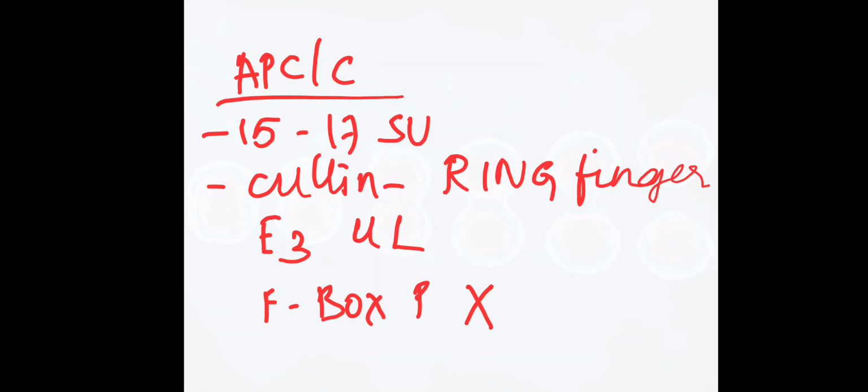So this is another ubiquitin ligase which regulates the activity of the cyclin CDK complex. Now remember the cell cycle phases: after G1, that is S phase. After S there is G2 and there is M. So now we studied two ubiquitin ligases.